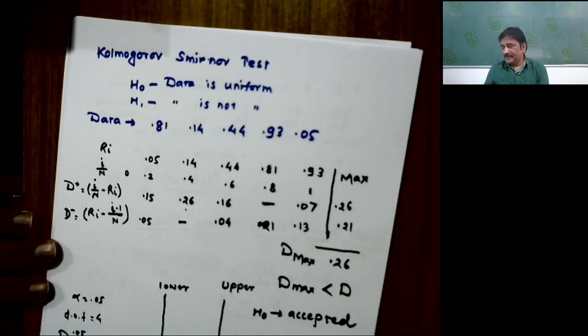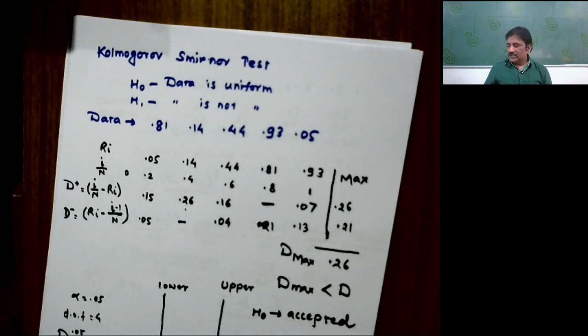Alright, whether these numbers are random or not, you have to check by the Kolmogorov-Smirnov test. So you will take the hypothesis that the data follows uniform distribution. If they follow uniform distribution, then we have the grounds to say that these numbers are random. Okay, and that is our null hypothesis. Data is uniform. The alternate hypothesis is data is not uniform.